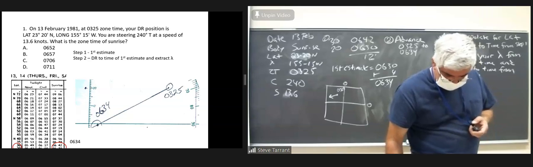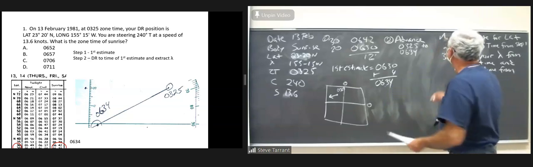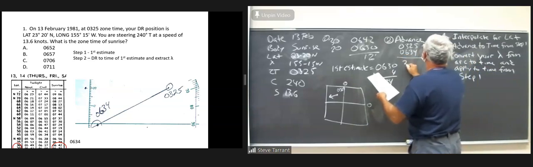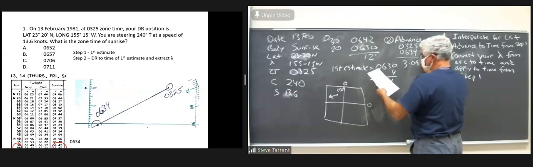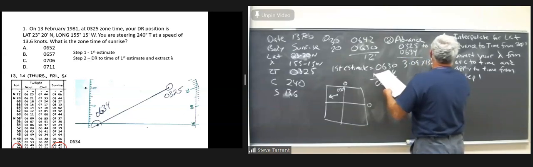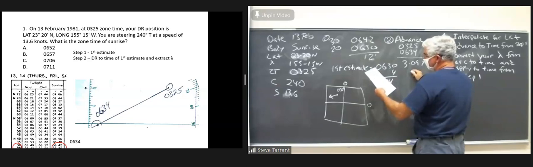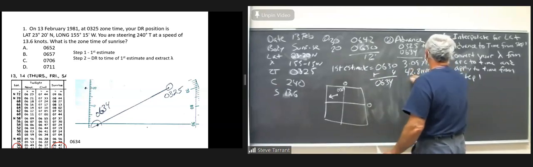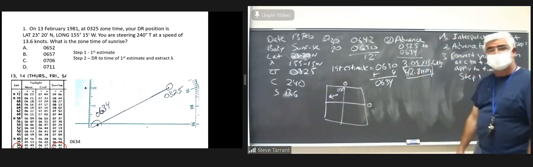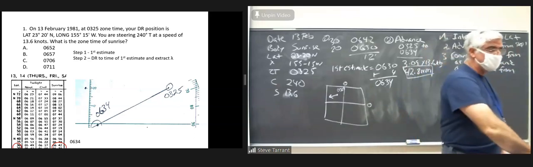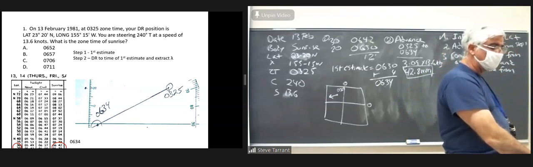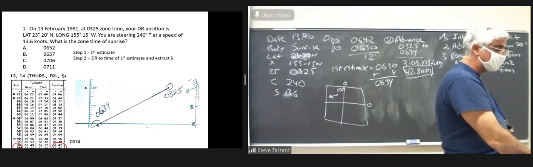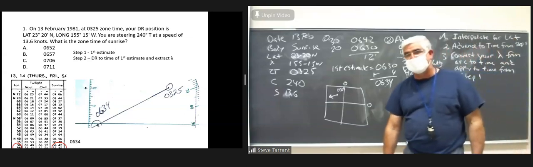My advance was 0634, that is 3 hours and 9 minutes, times 13.6 knots. And that gave me 42.8 nautical miles. So I advance 42.8 nautical miles. And that's what I did right here. I put the 0325 position, that's 240, and I measured 42.8 miles, and bada bing, bada bang, I got that spot, 0634.